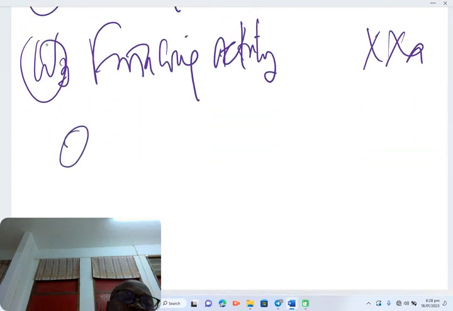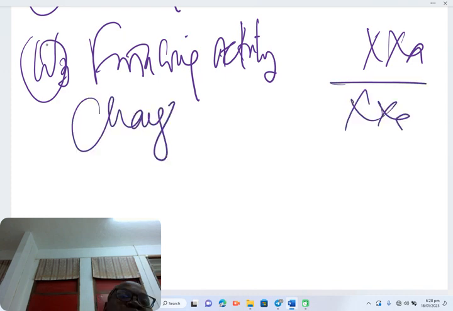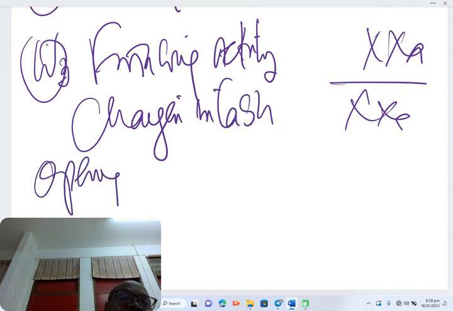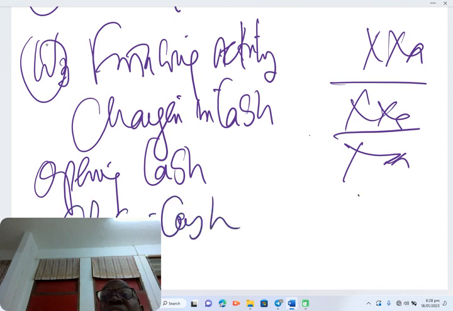So changing the cash, and then opening cash against closing cash. So yes, what is this?